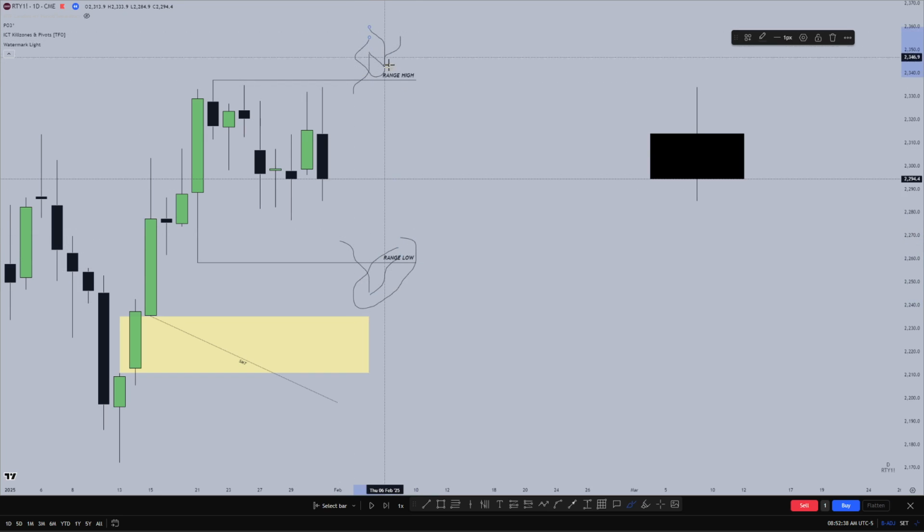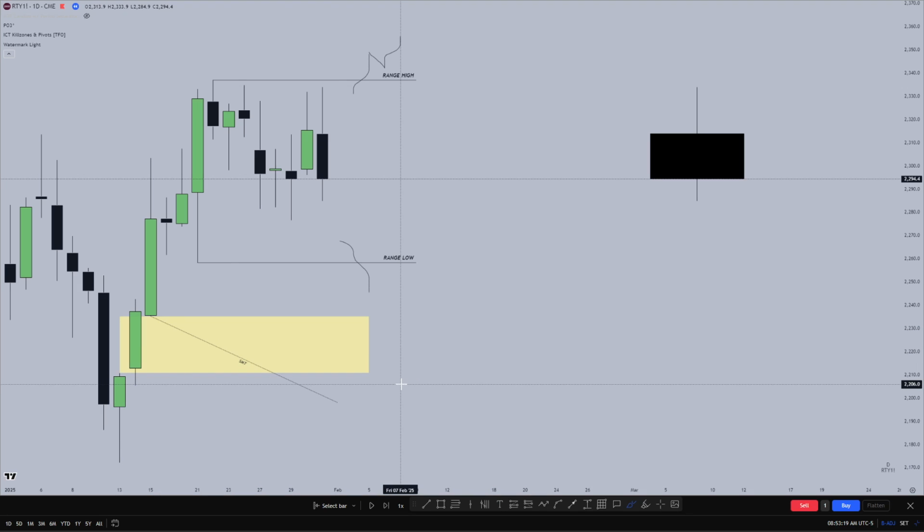If this move back inside is aggressive, showing urgency, then I can tell myself this is manipulation, then go towards this. But if this move back inside shows lack of aggression and lack of urgency to return inside the range, and then price again aggressively starts moving away, then I can frame this as a true breakout of this range and frame the continuation in the same direction.